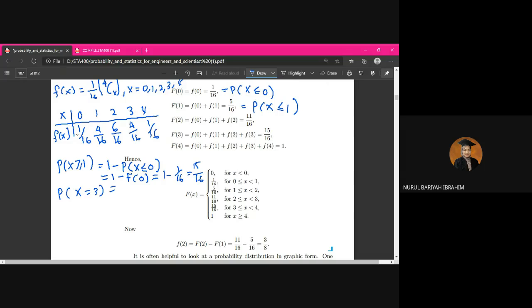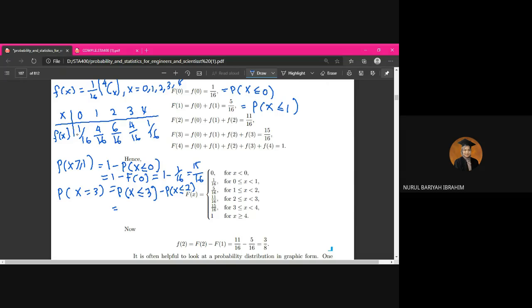How about this one? Macam mana nak cari probability of X equal to 3? Kena ambil yang less than. If I do this, X less than or equal to 3, 3 ke bawah, tolak X less than or equal to 2, 2 ke bawah. 3 ke bawah, tolak 2 ke bawah, tinggallah 3, betul tak? Kenapa I buat macam ni?